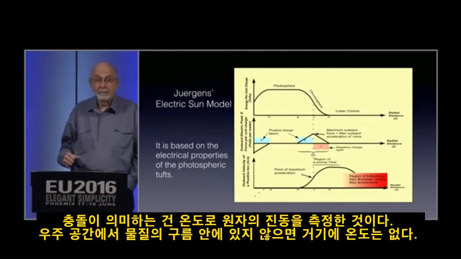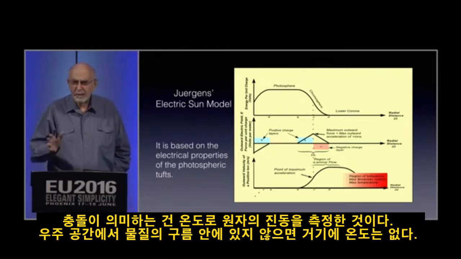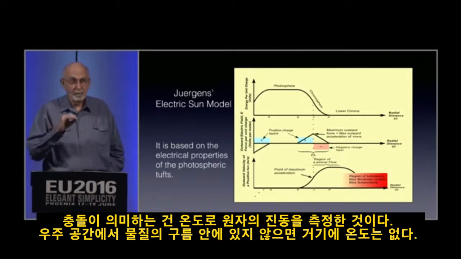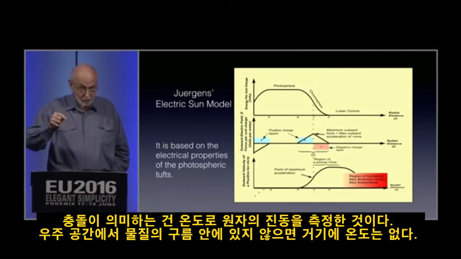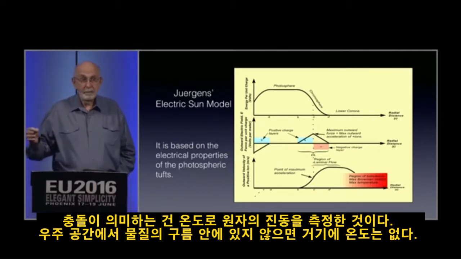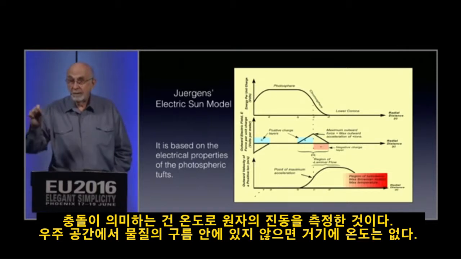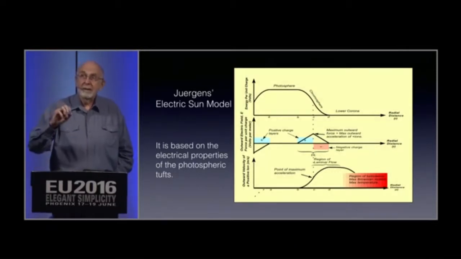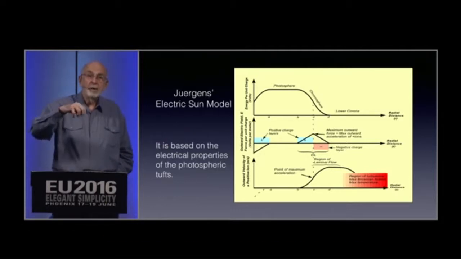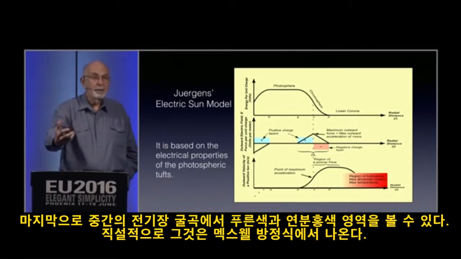I know it's hot outside, but what is it? It's a measure of the vibration of the atoms in the stuff that you're talking about the temperature of. What's the temperature in space? There is no temperature in space unless you're in a cloud of stuff. You have to talk about the temperature of whatever it is you're dealing with.